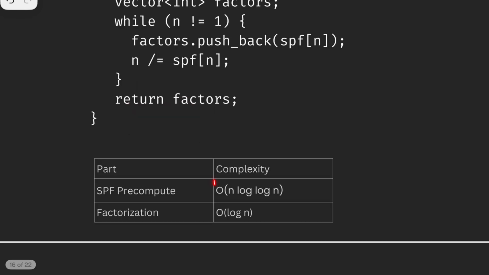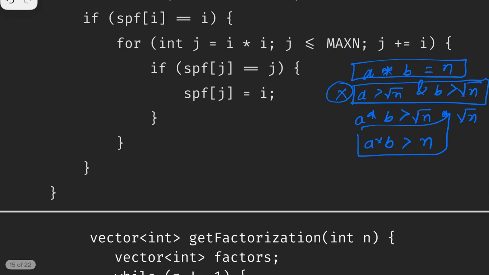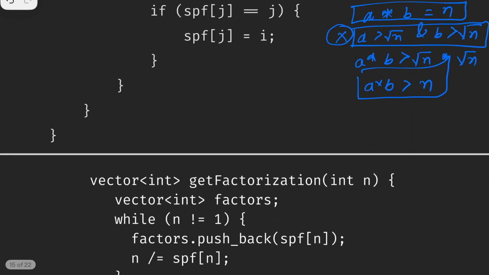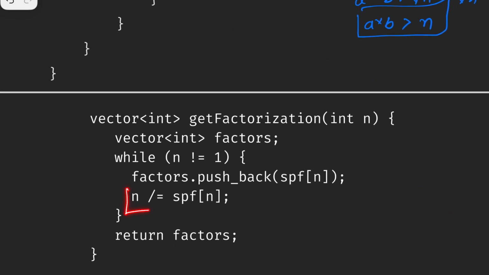See, as I mentioned, the time complexity of smallest prime factor computation is n into log of log n, and factorization will take log n. Why? Remember, smallest prime factor of any number can be 2, and if you look at the code, we are always dividing it. So the value will be reduced by 2 at every single stage.